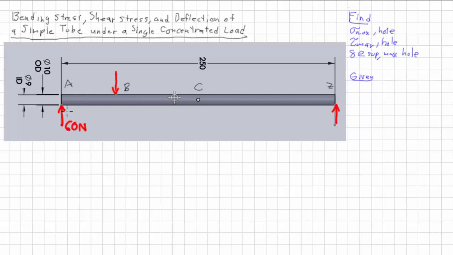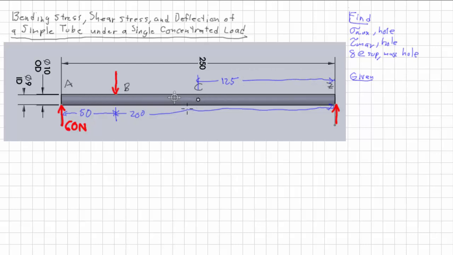So from here to here, 50 millimeters, and this is going to be, of course, 200 millimeters, and from the hole to Z is right in the middle, 125 millimeters.